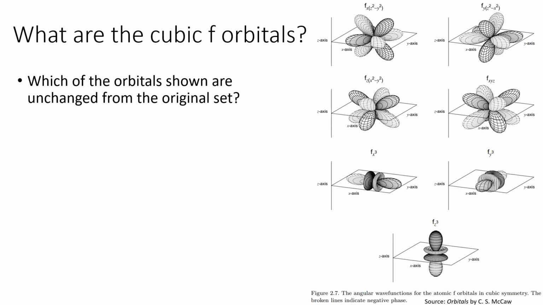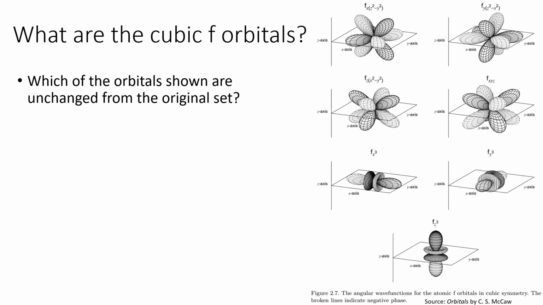I'm not going to inflict all the linear combinations of functions on you, but what is very neat, I think, is just looking at it pictorially, because once you go through this mathematical process, you get the orbitals shown on the right. I think you don't even need to look at the functions. You can just appreciate by looking at them that these are going to be cubic.